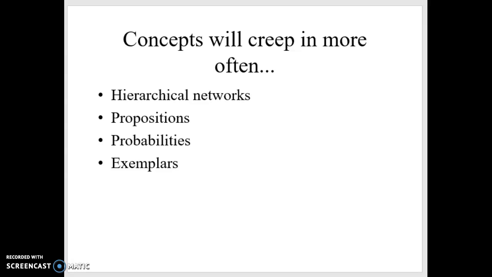You will start to understand the propositions, the what ifs, and the probabilities, and you'll look back on the exemplars, those things that you can look at and say, I remember when I had a patient who did such and such a thing. And you'll be able to take that exemplar, reflect on it, and relate it to the patient that you're taking care of at that point.